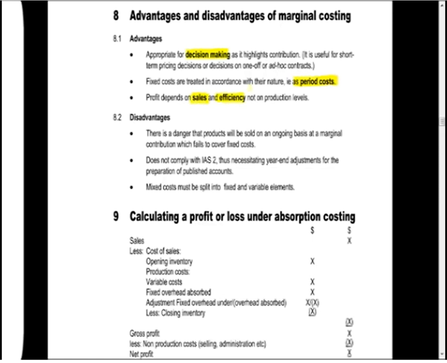The disadvantages, though, is that if we sell products at a marginal contribution on an ongoing basis, we'll fail to cover the fixed costs, which means that the company won't be profitable.